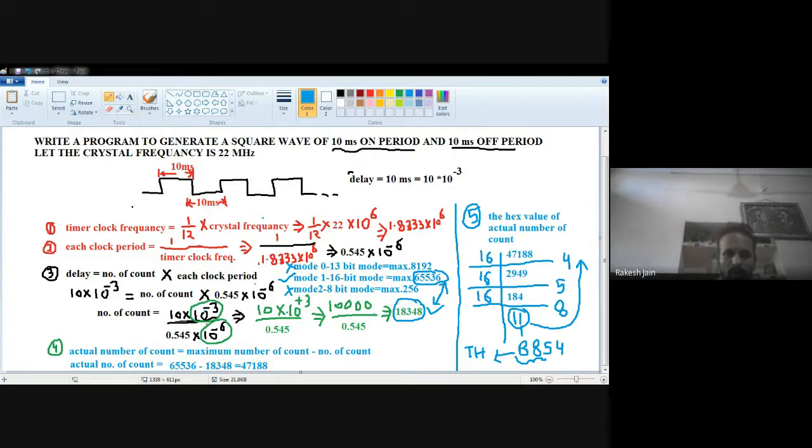Then the upper timer register, TH1, will hold the value B8, and the lower timer register, TL1, will hold the value 54. So like this we can calculate the delay time for the timer register.